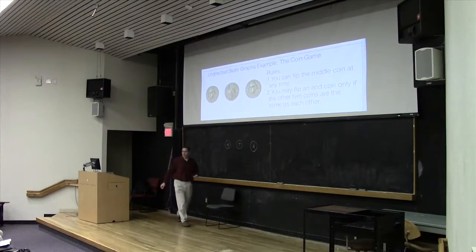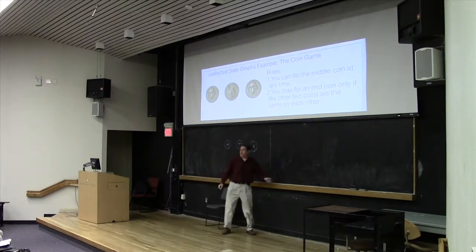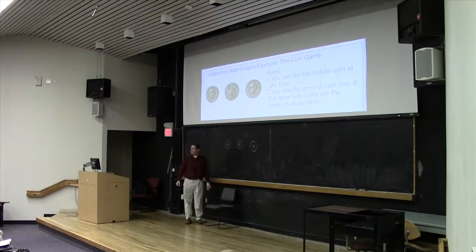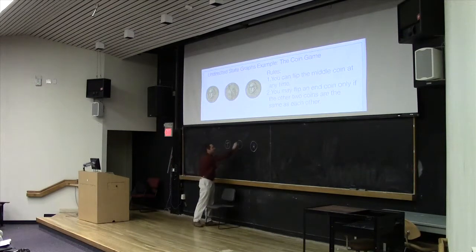Anybody want to tell me what they might do first? Actually, the only thing you can do is flip the middle, because you can't flip an end coin. So then we've got heads, heads, heads. Then what? Which end? Doesn't matter. Flip one, tails. Then what? Flip the middle, and that'll be tails.